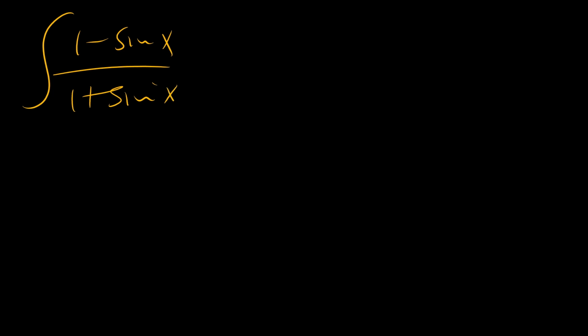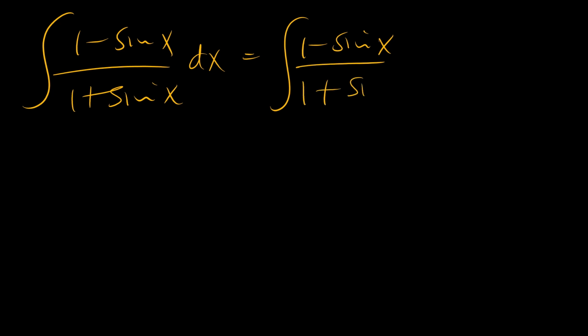Problem number 5, this is actually very easy. So, 1 minus sine x over 1 plus sine x. How we would solve this is to multiply both the numerator and the denominator by 1 minus sine x.